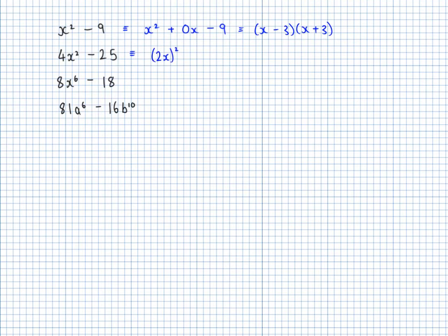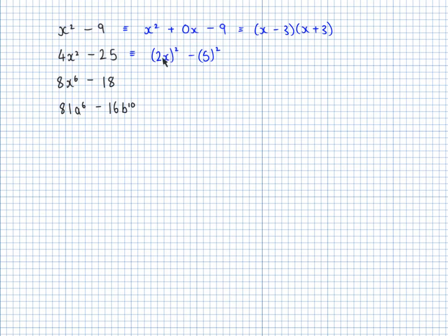Notice how I've got 2x in this position, and then I have a squared. You can check that 2x squared is the same as 2x times 2x, which makes 4x squared. So I have 2x squared, and I have take away 5 squared. In this case I had 3 squared.